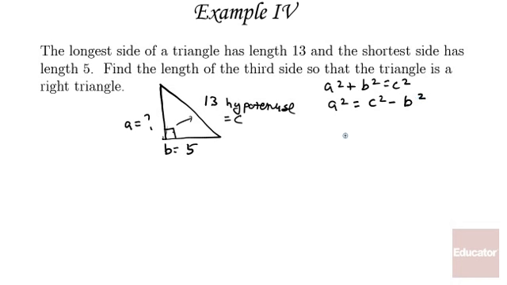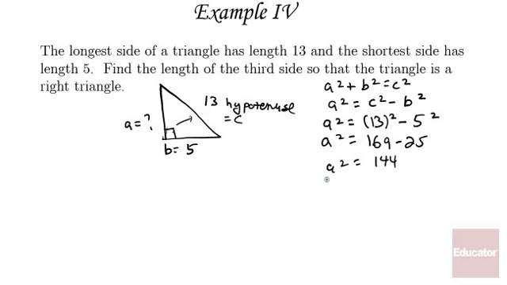And that equals c squared minus b squared. Substitute in. Hypotenuse would be 13, and this other side is 5, so a squared equals 13 squared, which is actually 169, minus 25. Subtract, 169 minus 25 is 144. Take the square root of both sides to get a equals 12.